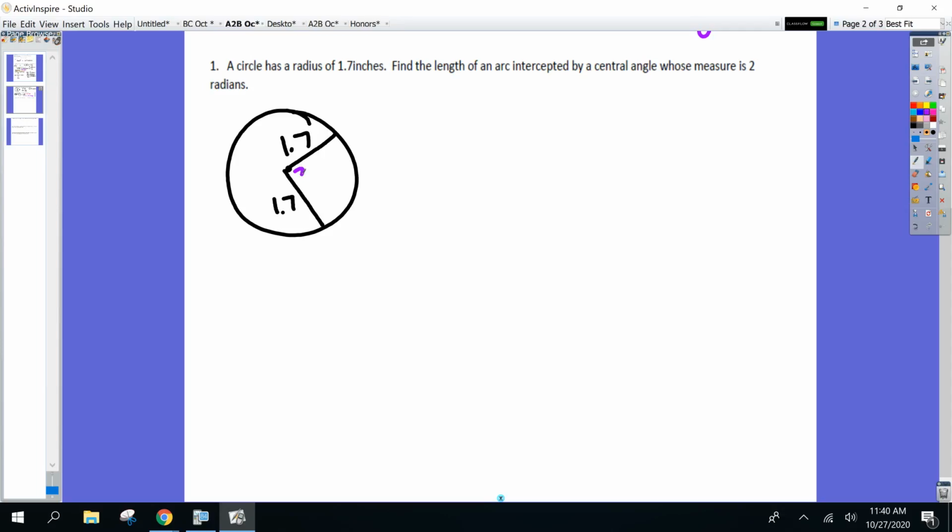Do you see what I'm asking for now? The arc length right here. How long is that arc, which we call S in the formula? So I have the angle and the radius. Let's plug it into the formula and figure it out.